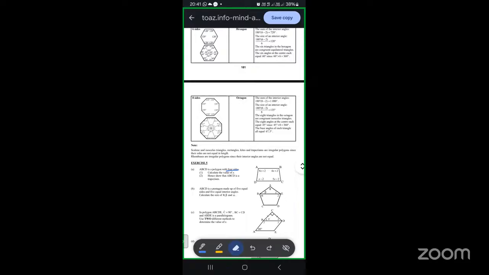Okay, yes. Sir, can we say B is equal to D? Oh, what's the reason behind that? Aren't opposite angles equal? Opposite angles of what, maybe? I don't know what shape this is.